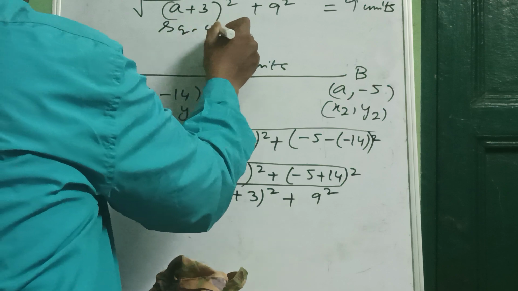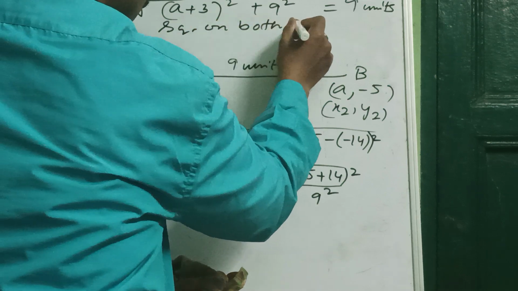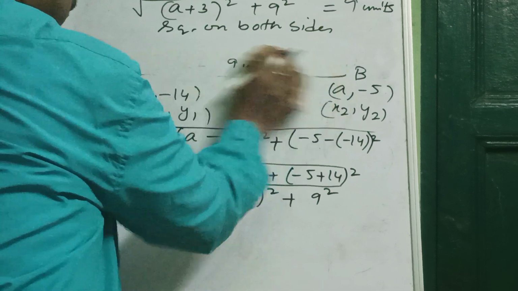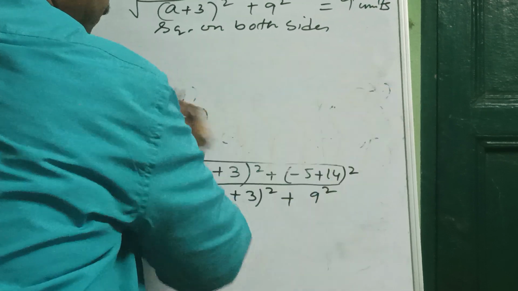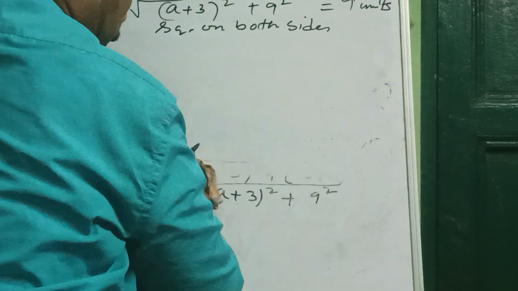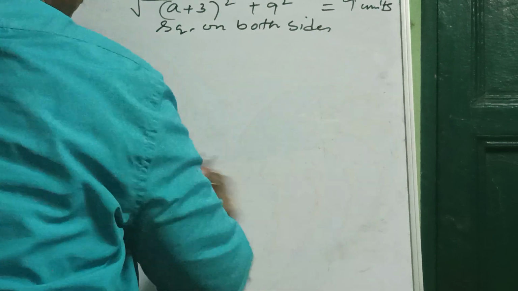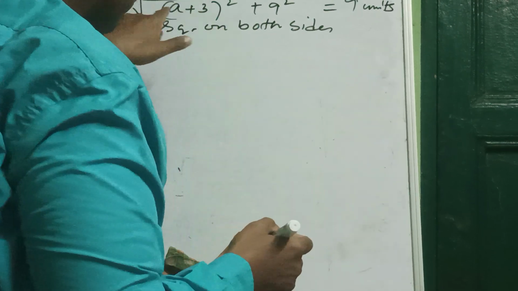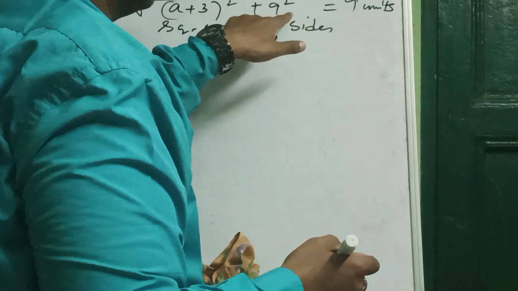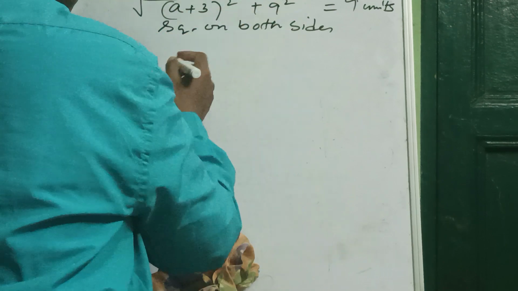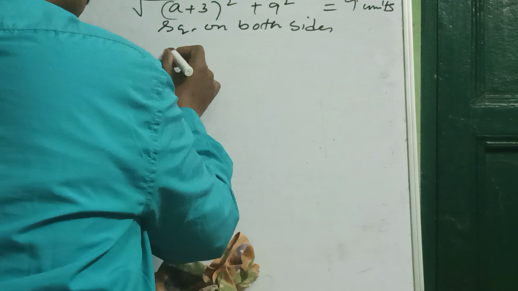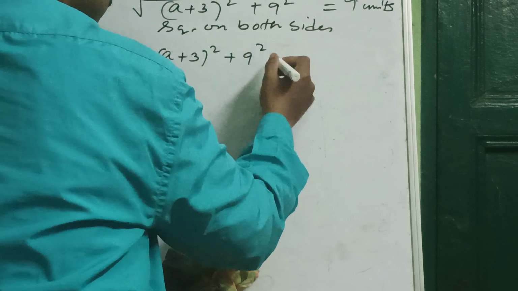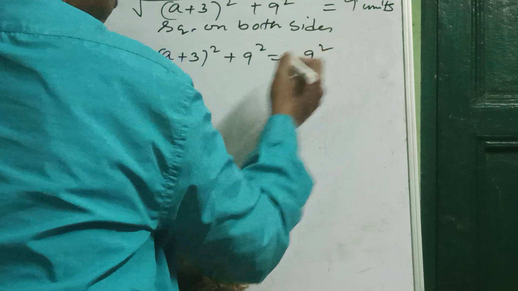Squaring on both sides. Under the square root, a plus 3 whole square plus 9 square, the square root leaves out, and a plus 3 whole square and 9 square is there, and the right side 9 is squared.